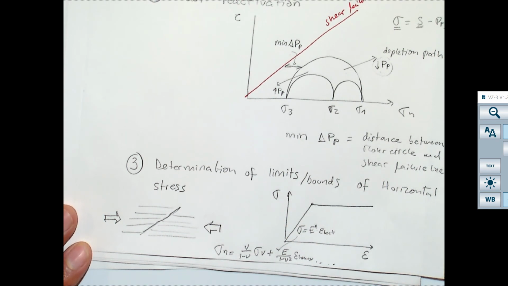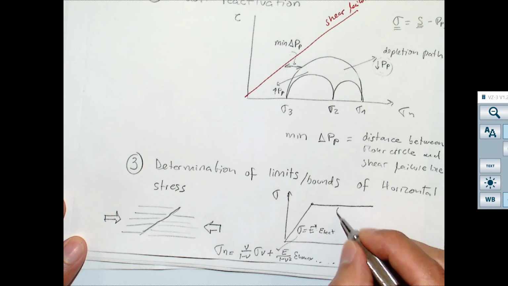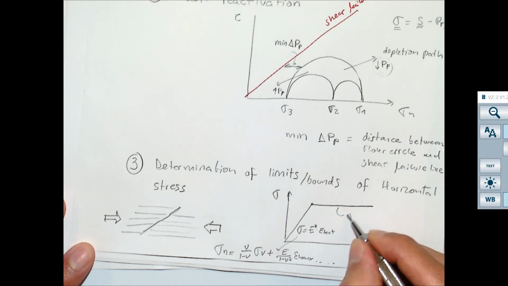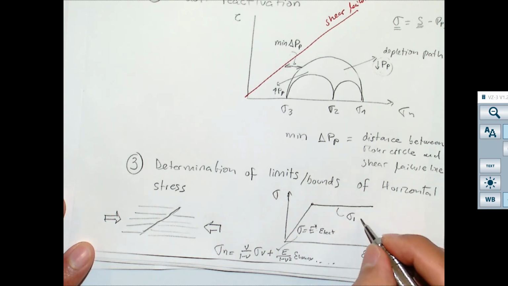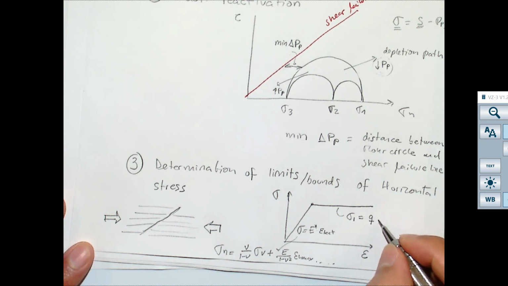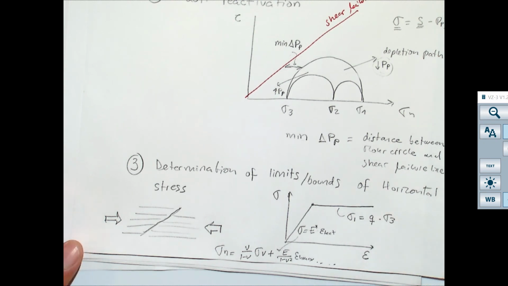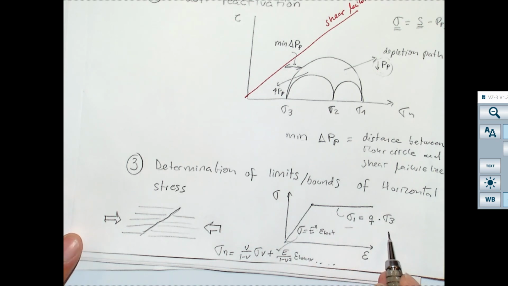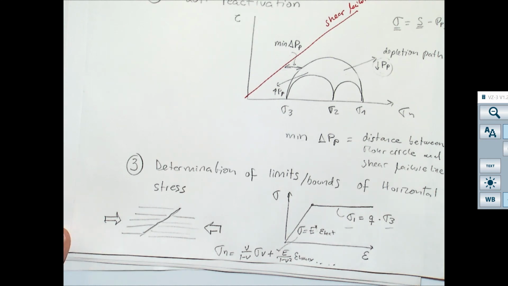We're going to assume it's going to plateau, and at that plateau the maximum effective horizontal stress is going to be equal to this friction parameter Q, which depends on the friction angle, times sigma 3. So if we know either this one or that one, and we also know the friction coefficient, we can tell what those stresses are.